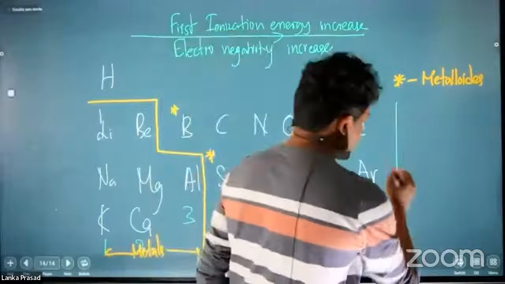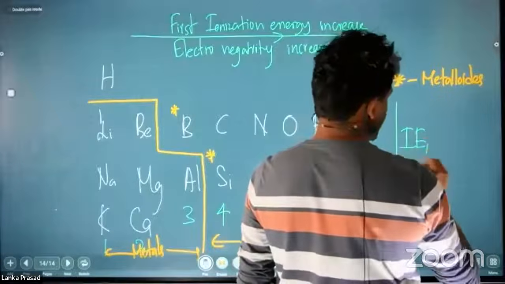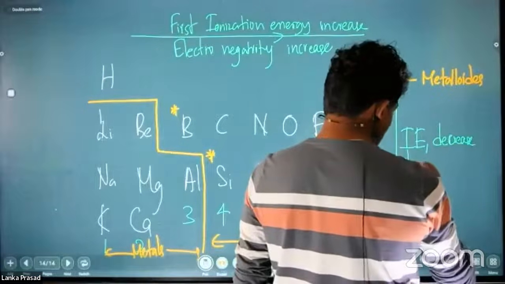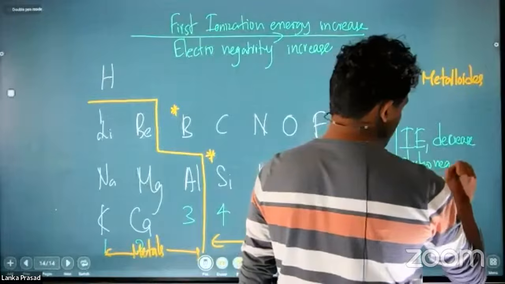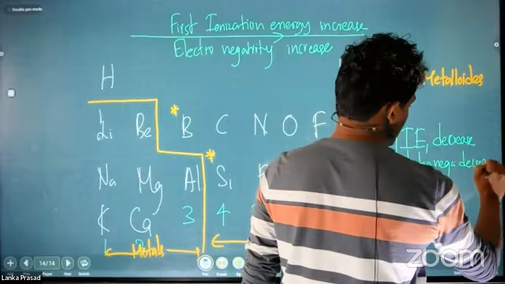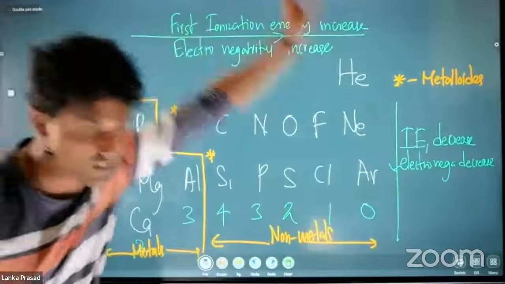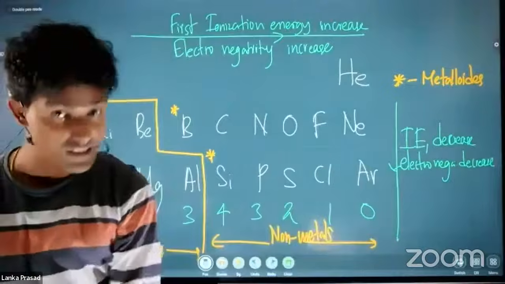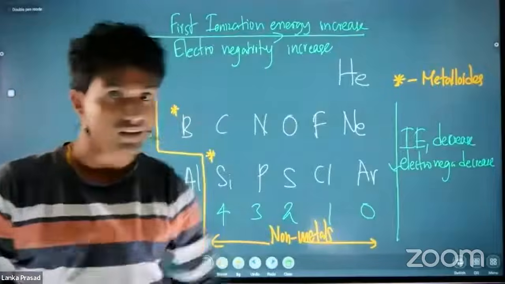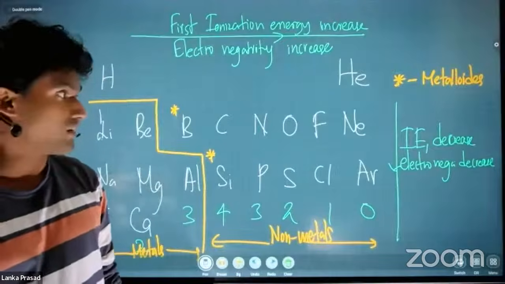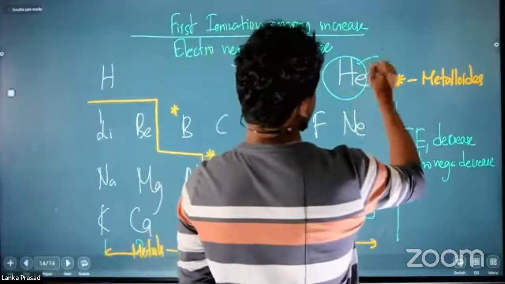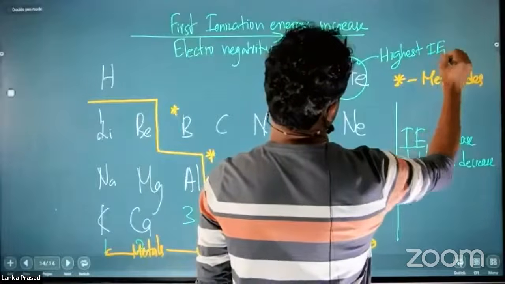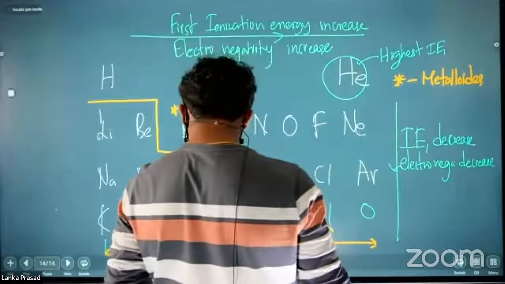When you go from top to bottom, first ionization energy decreases, and electronegativity also decreases. You have to know that. Non-metallic property increases left to right. Helium has the highest first ionization energy, and it also has the highest electronegativity.